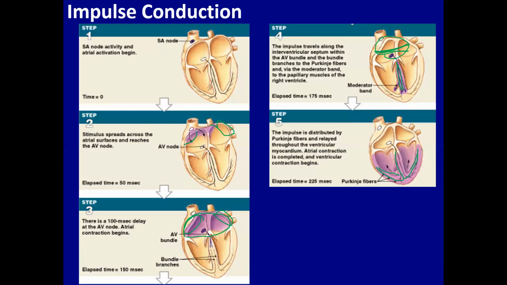The impulse in step 5 is then distributed by the Purkinje fibers. So the Purkinje fibers are what you see that are no longer in the interventricular septum, but they're also actually in the ventricle walls. These Purkinje fibers are going to distribute that impulse, and when that happens, the ventricular contraction begins.